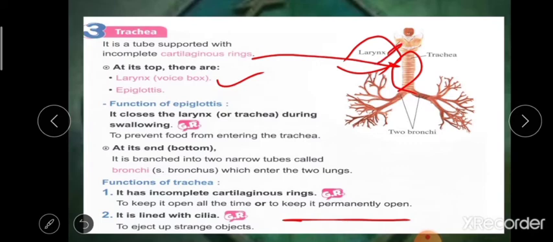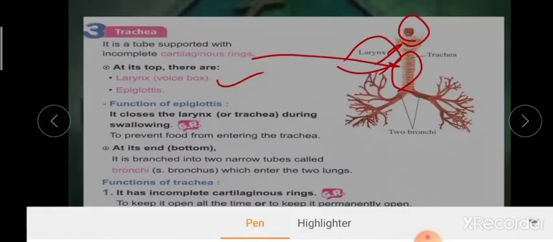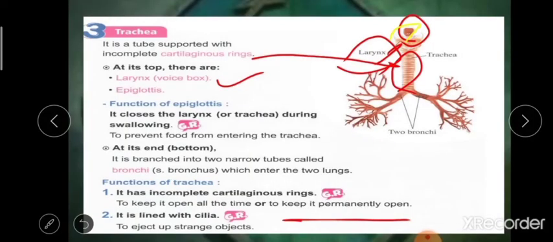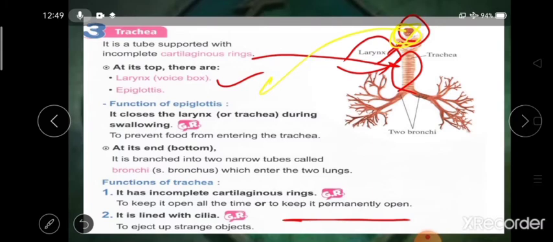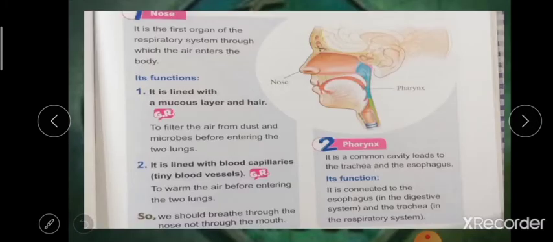Also at the top of the trachea there is the epiglottis. Why? We said the pharynx is a common cavity between the esophagus and the trachea.